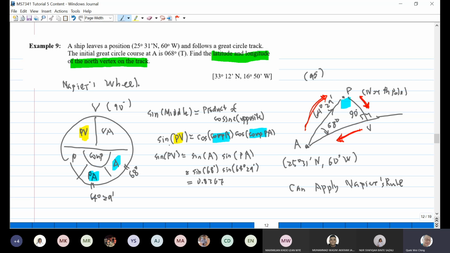From here, you can find out what PV is. PV is equal to sine inverse of 0.8367. Press the calculator and you get 56 degrees 48 minutes. That is PV.